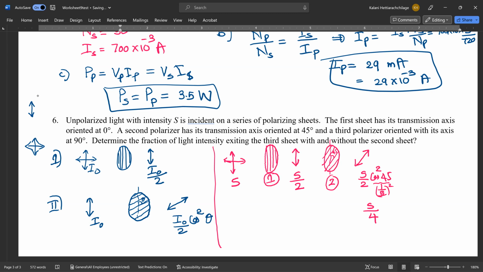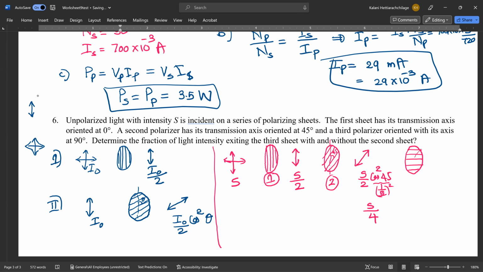Now I have another sheet. The third polarizer is oriented with its axis at 90 degrees, with respect to your initial polarization axis.